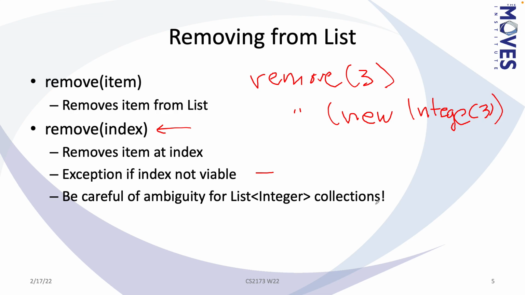Is the new part of it necessary for the wrapping of it? Yes. Wouldn't there already be an integer 3 that exists in there that's trying to be removed? Yes, there will be. However, because of something called hash codes that we're going to talk about a little bit in the context of sets, a new Integer 3 versus another Integer 3 that has been created, say by Java, are equal.